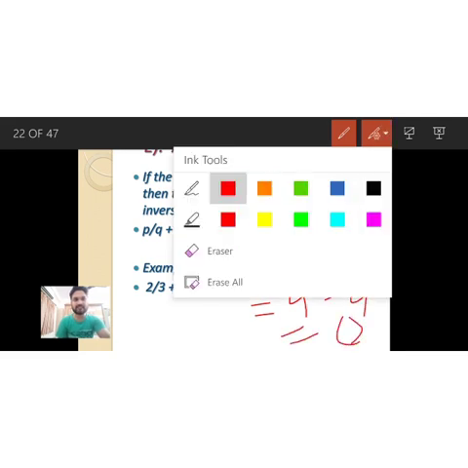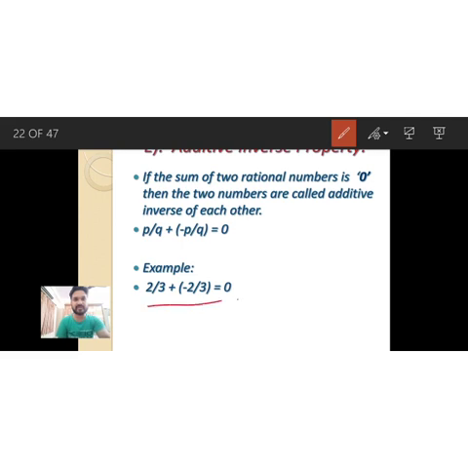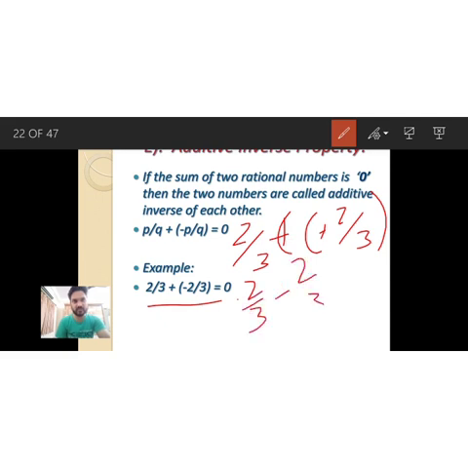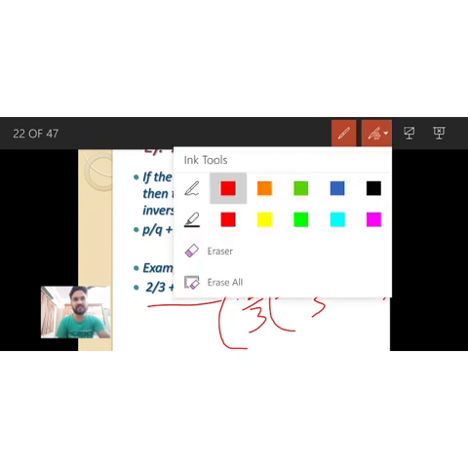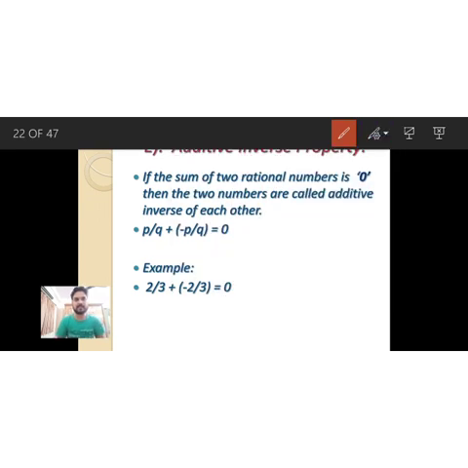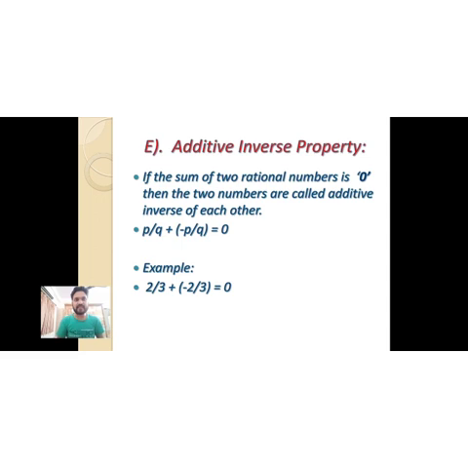In this way, 2 by 3 plus minus 2 by 3, plus minus makes minus, so 2 upon 3 minus 2 upon 3. Now this is the plus 2 upon 3 and this is minus 2 upon 3, so the final answer is 0. Okay, so this is the simple additive inverse property in addition.